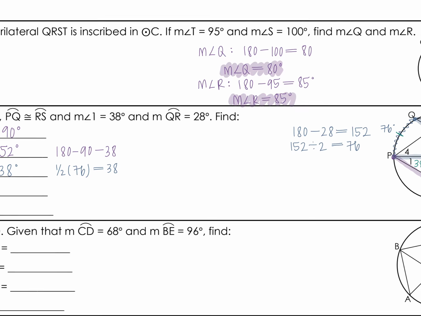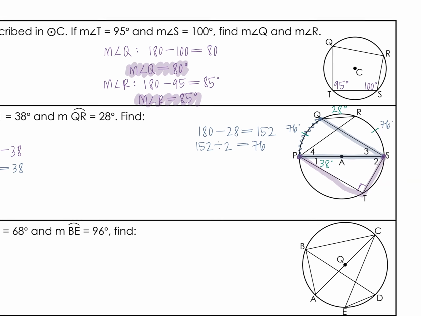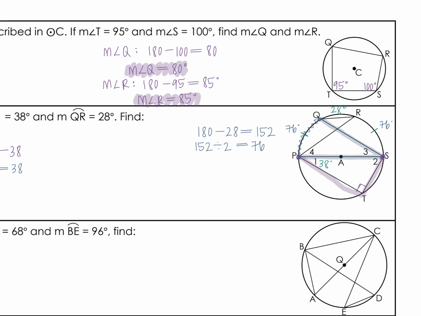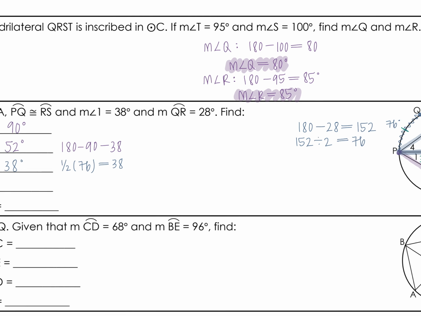Okay, and then if I look over here, I can see that the measure of angle 4 is opening up to that intercepted arc of RS, which is 76 as well. And so it's going to be congruent to the measure of angle 3.